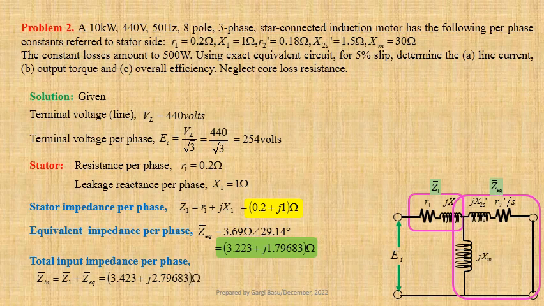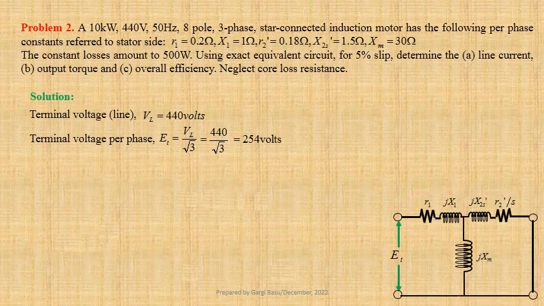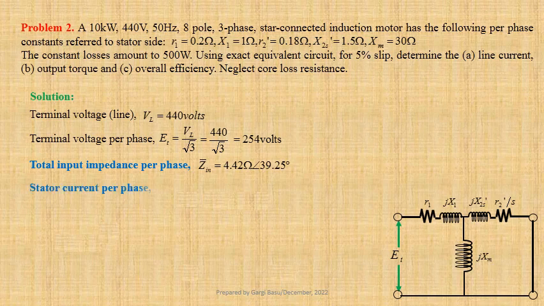This may be written in polar form as 4.42 at an angle 39.25 degree. We have obtained total input impedance per phase Zin equals 4.42 ohm at an angle 39.25 degree.